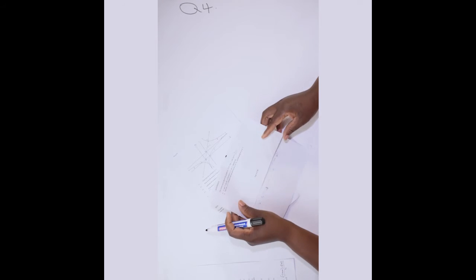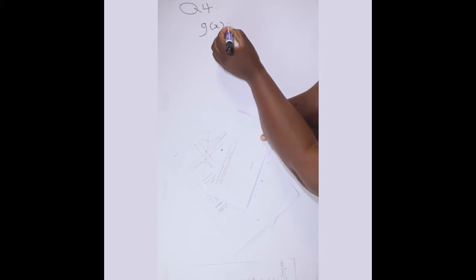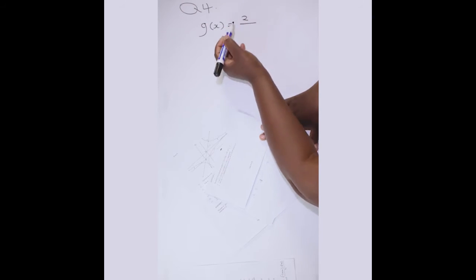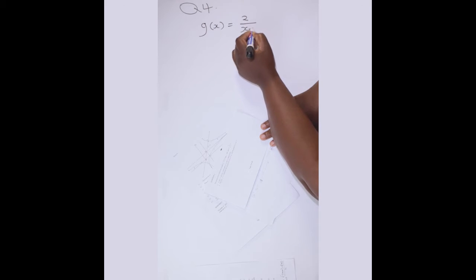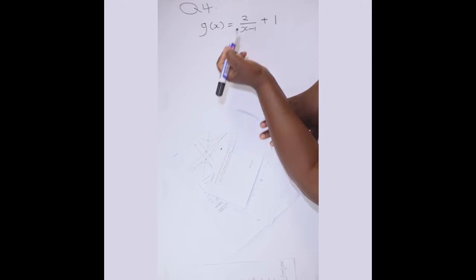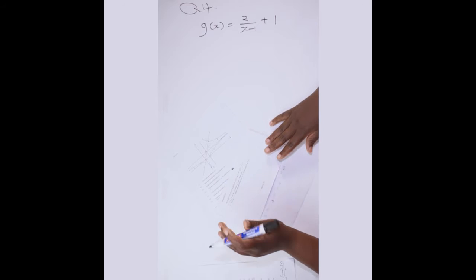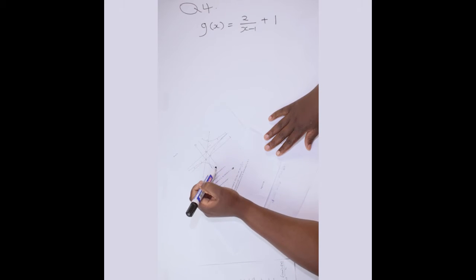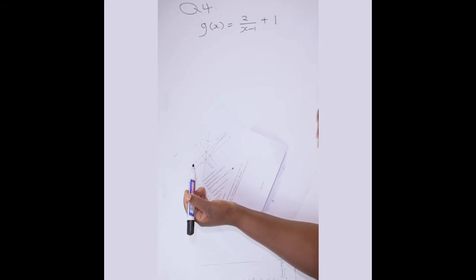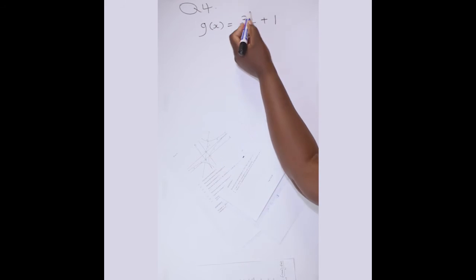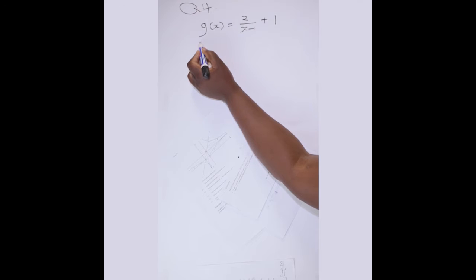If you look at the equation which you have, g of x equals 2 divided by x minus 1, plus 1, and you want to find the asymptote passing through u, you are going to use the denominator, which gives you x equals 1.